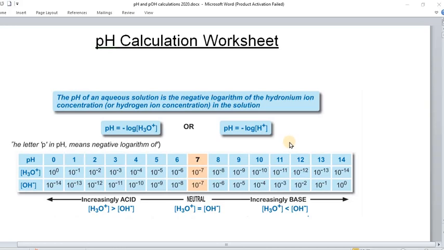We continue our lessons into acids and bases by today looking at pH calculation. Now we've already looked at three topics: concentration, dilute solution, and standard solution.